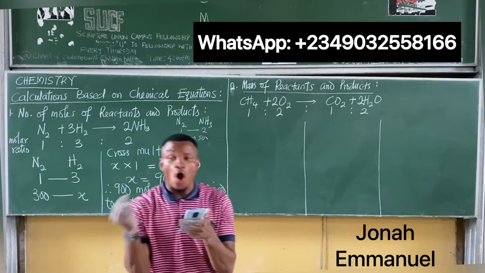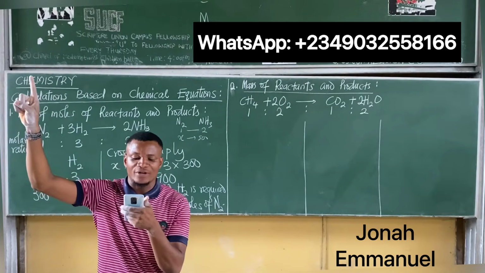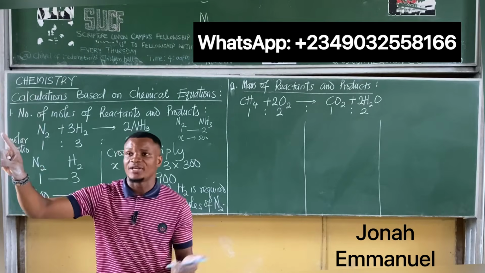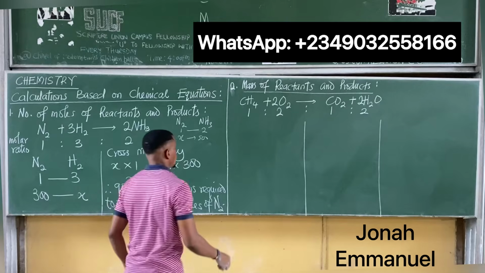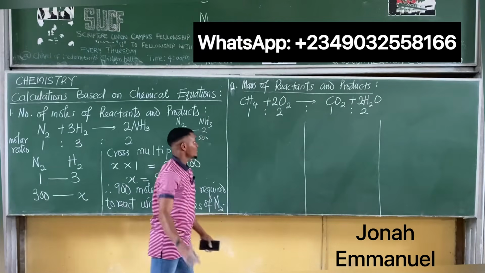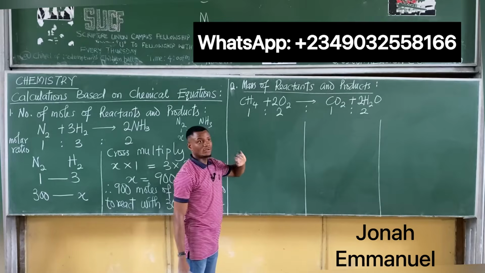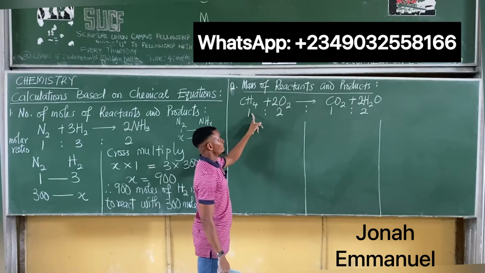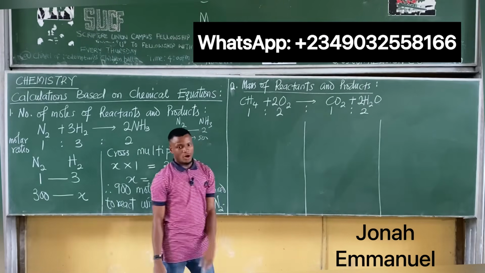What mass of oxygen is required to react completely with 1.20 mole of methane? So oxygen and methane are my two focus. All right, so your statement, please. From the balanced equation of the reaction, 1 mole of methane will react with 2 moles of oxygen.